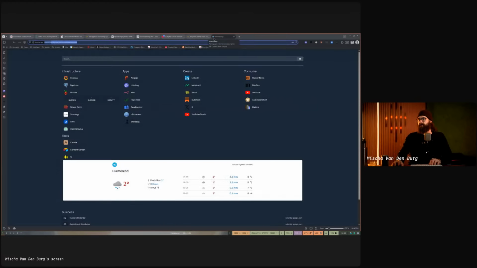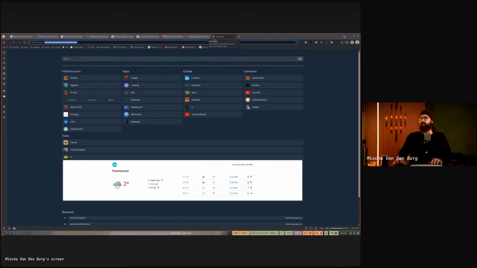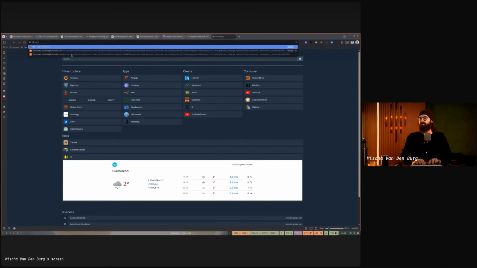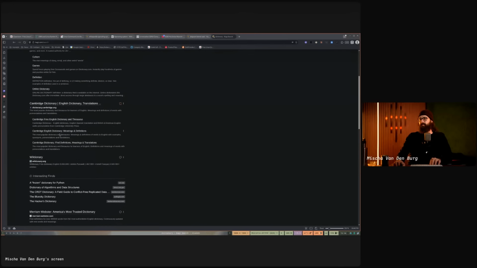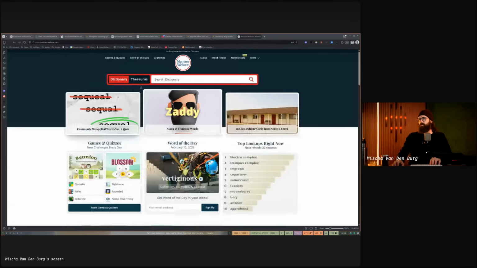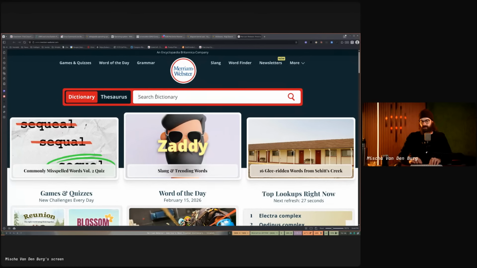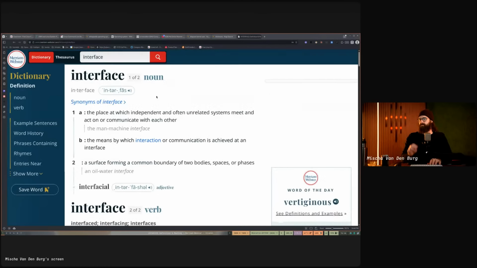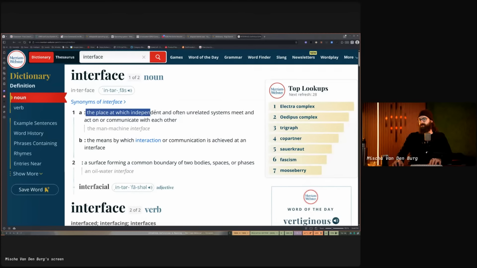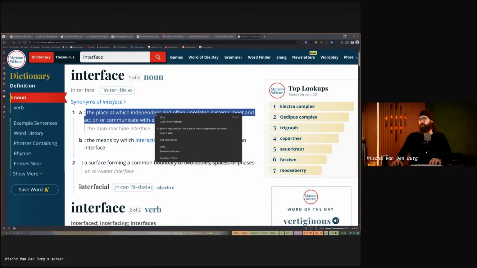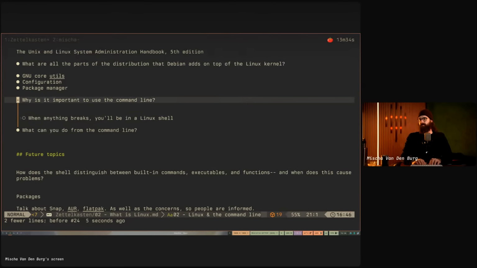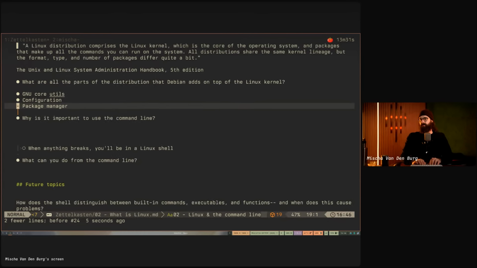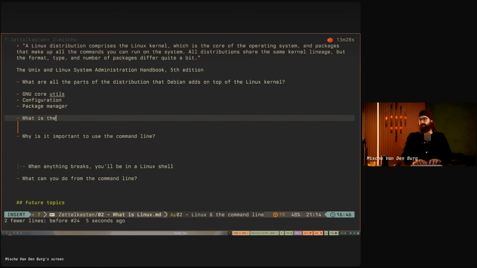Let's actually define the word interface. Webster dictionary: interface. The place at which independent and often unrelated systems meet and act on or communicate with each other. That is an interface. First we're going to answer the question, what is the command line?